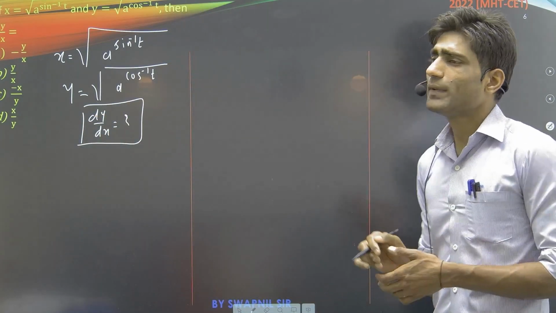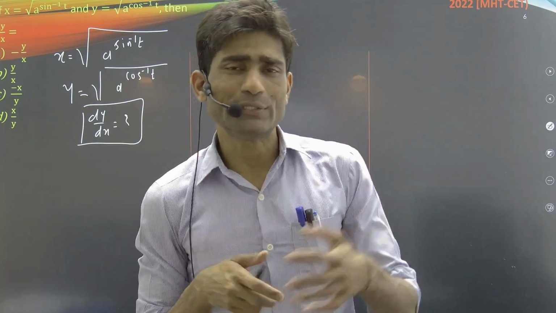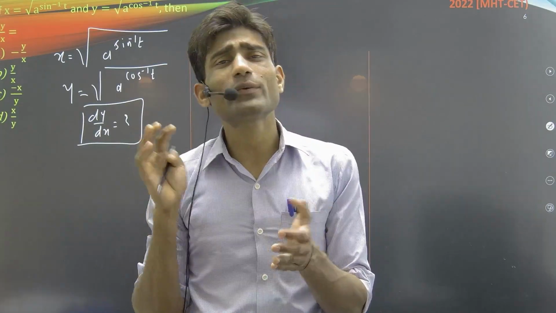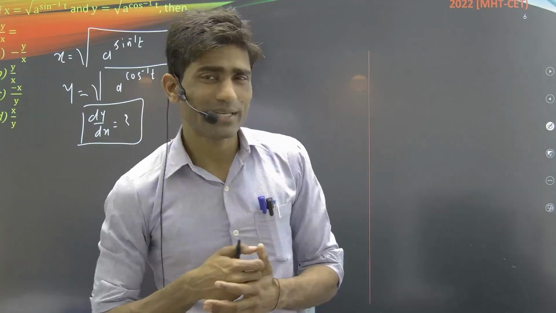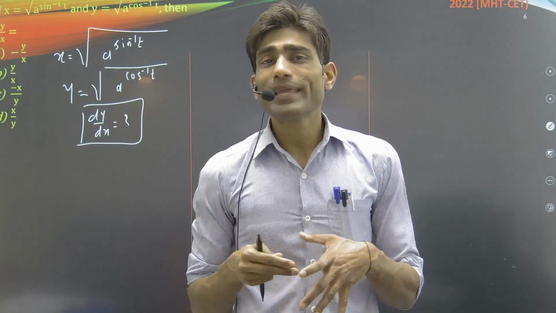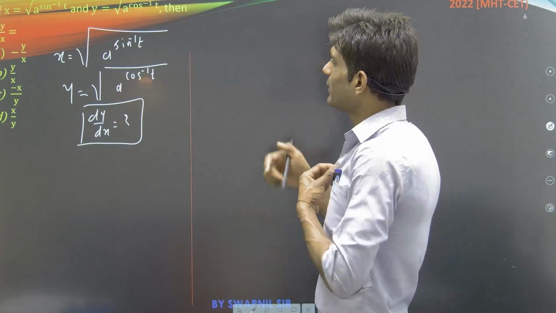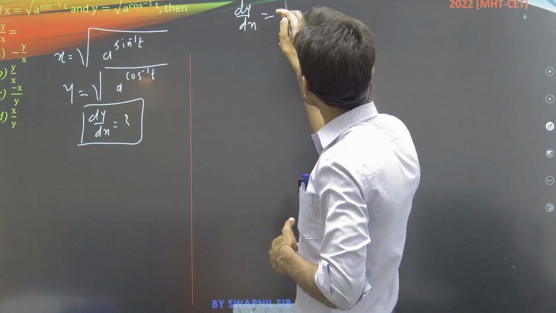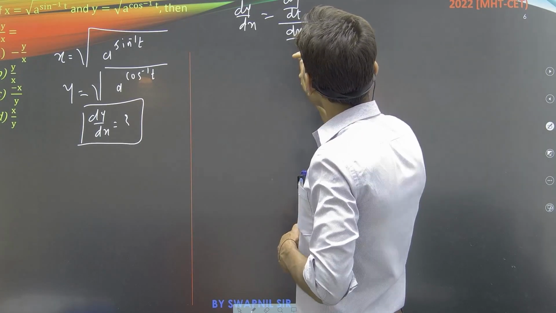So see that we have the term x associated with the term t, and y is also with the term t. If we differentiate with respect to x and y directly, obviously a constant term always gives us the value 0. But we can apply the parametric rule of differentiation: dy by dx is equal to dy by dt upon dx by dt.